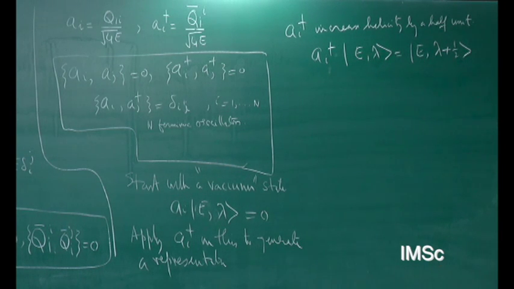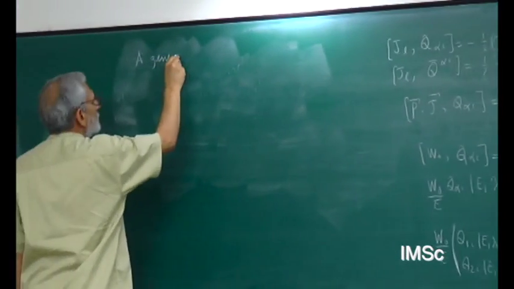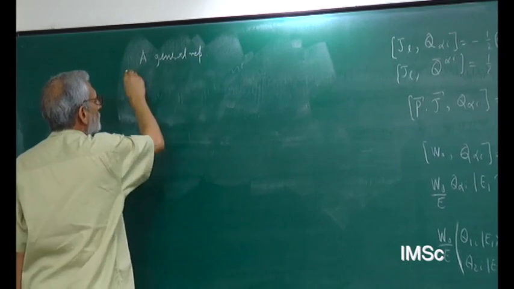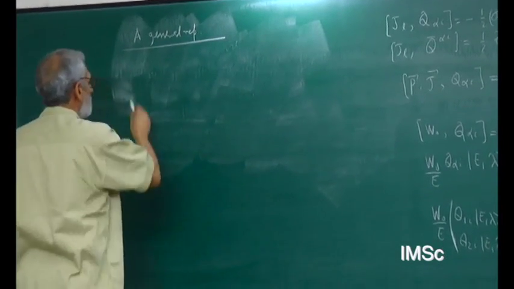Now let me just make a table of a representation. Construct this representation in a tabular form, a general representation. So I start with this.